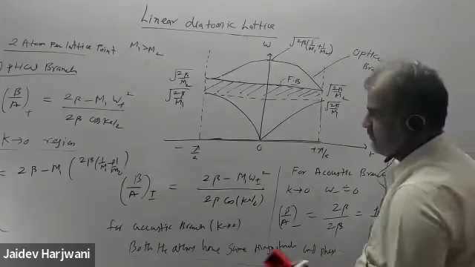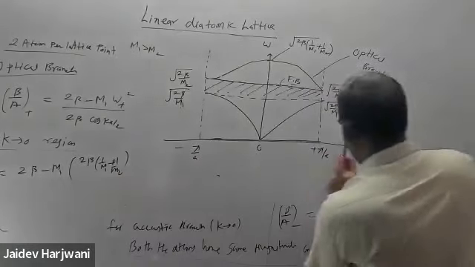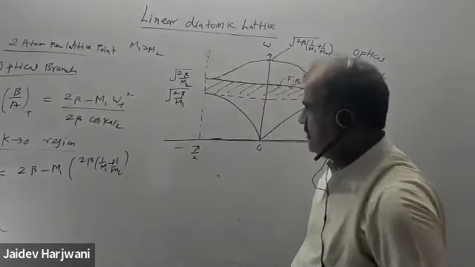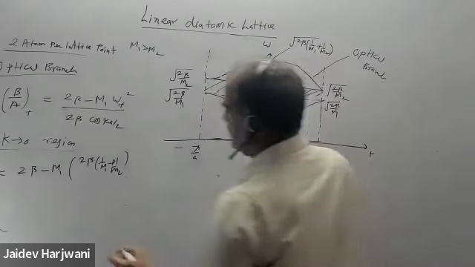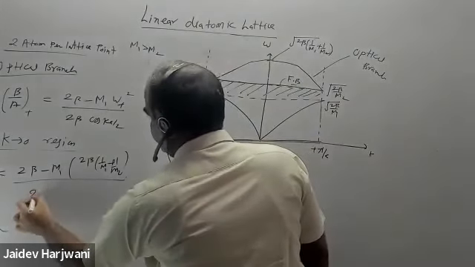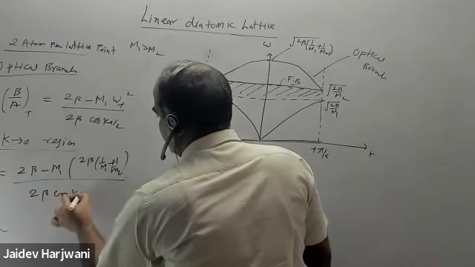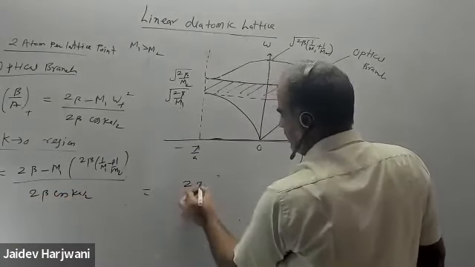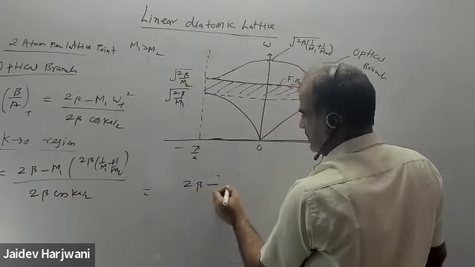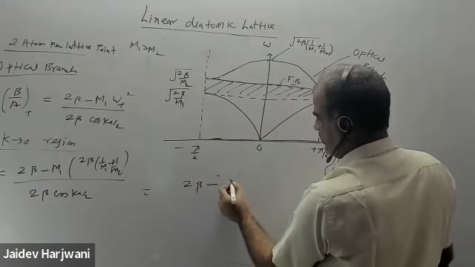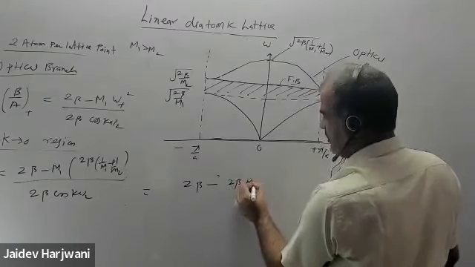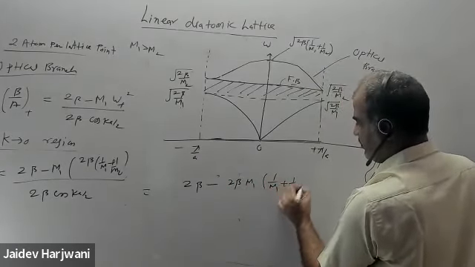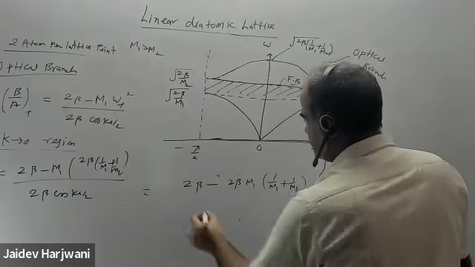Yes, sir. So I write 2 beta cos k by 2, and solve this one. This will give me 2 beta minus 2 beta m1 times (1 upon m1 plus 1 upon m2), upon 2 beta.